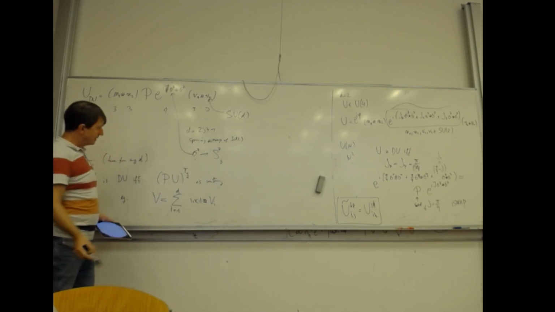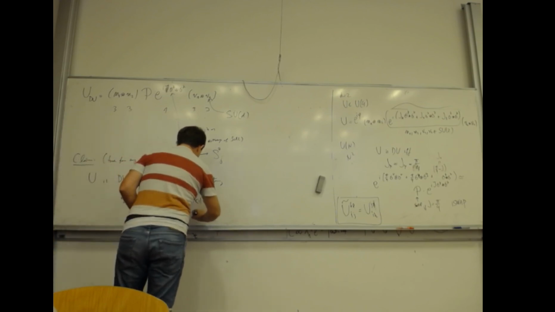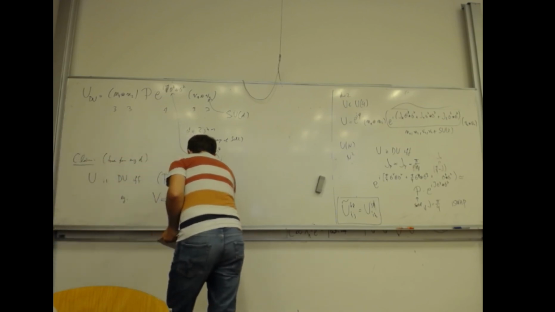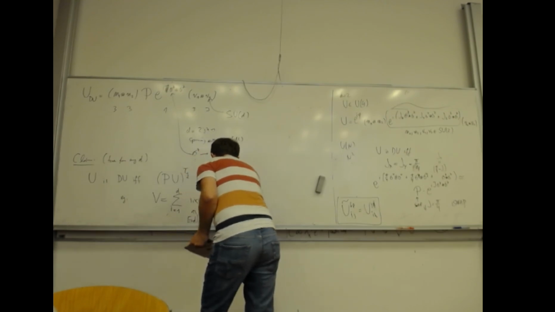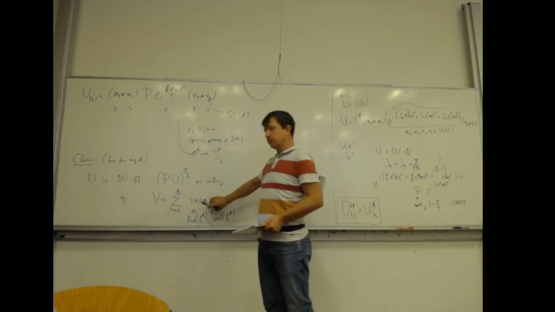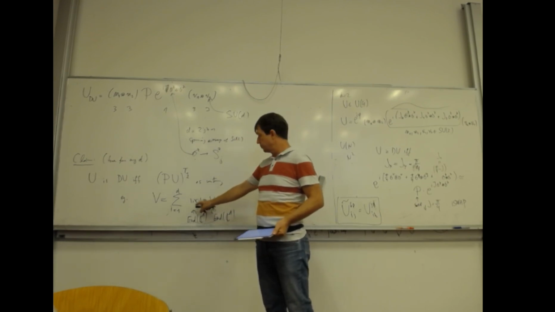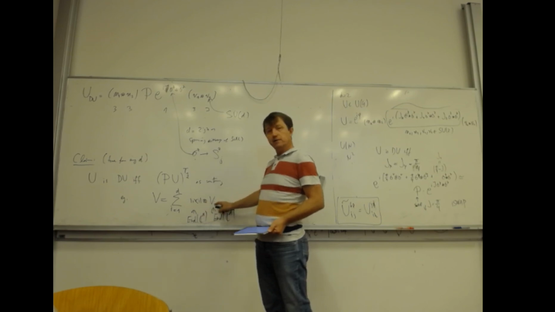Suppose this is D by D. This is a tensor product of two d by d matrices. This is a pure projector, and this is a unitary matrix.